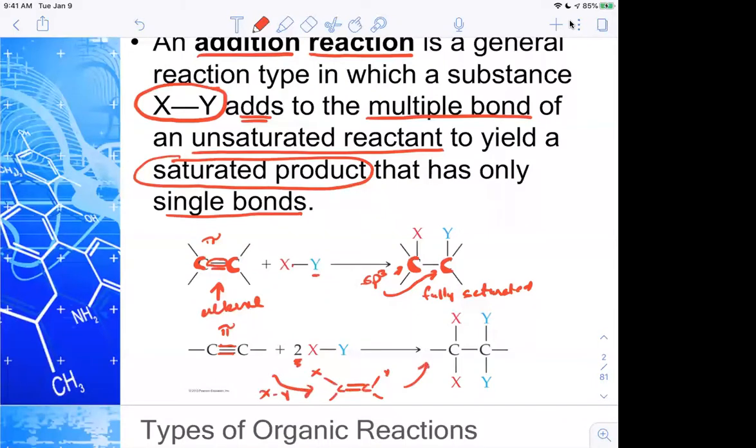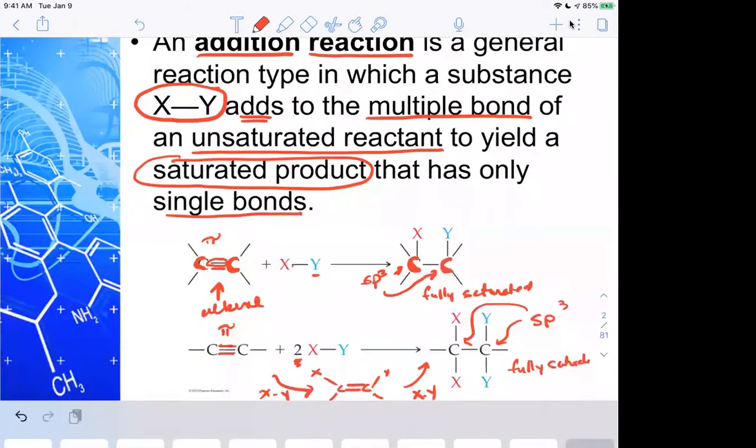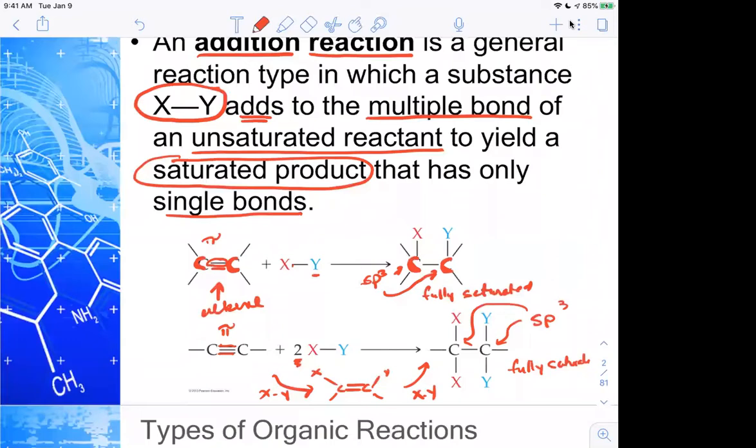And then just like the one above, I would have a second addition. And then I end up with, again, sp3 carbons, which are fully saturated. But now I've added 2 X's and 2 Y's to the carbons that were in my original alkyne.